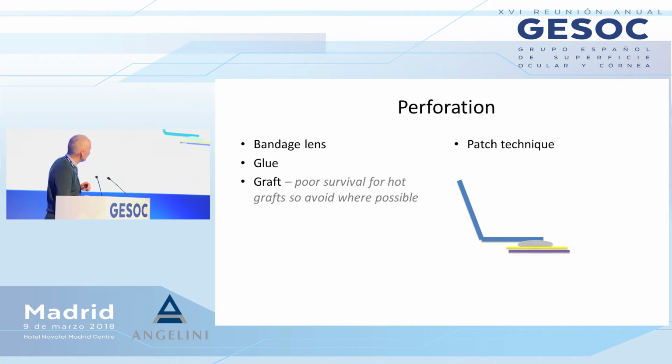So a thin film of gel over your polythene patch, and then with a swab in one hand and your spatula in the other hand, you dry, and at the last moment, quickly put the patch on, and you can watch the glue polymerize on the cornea, and then you will be able to get good coverage, and you can close a perforation 1-2 millimeters without too much difficulty with this technique, and that buys you time to treat medically and then get a more successful outcome from your therapeutic graft.